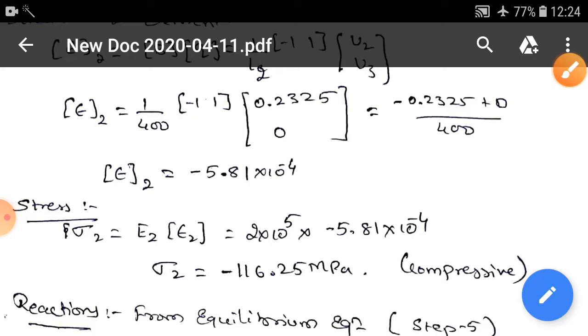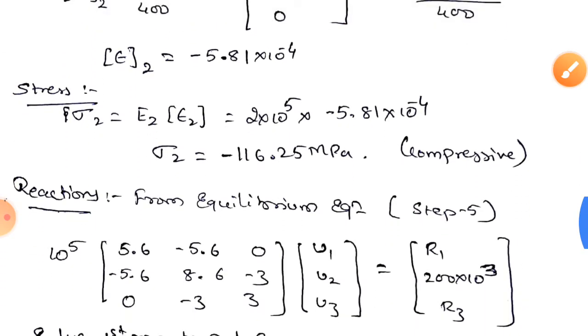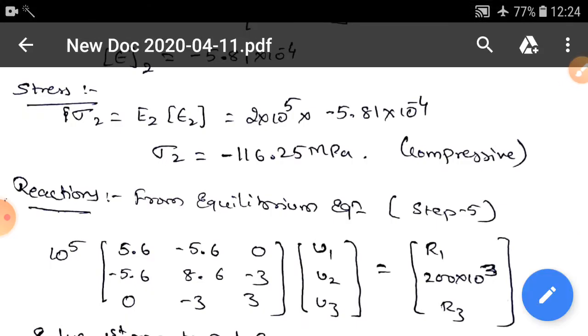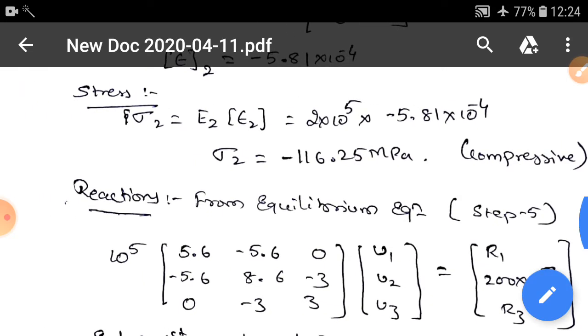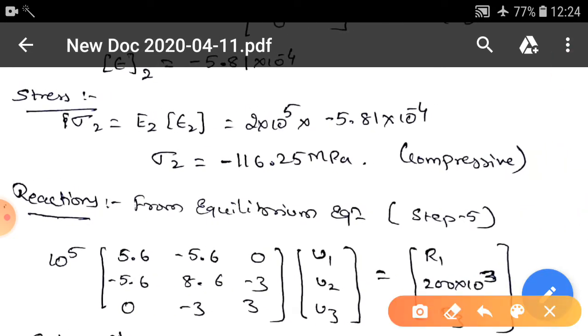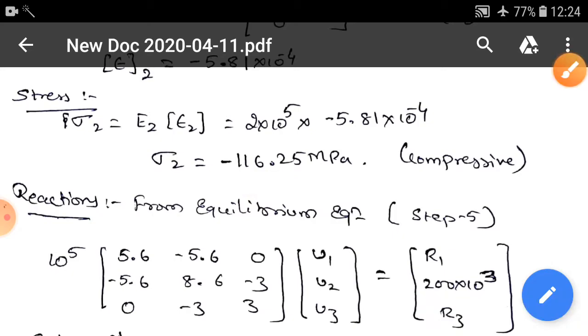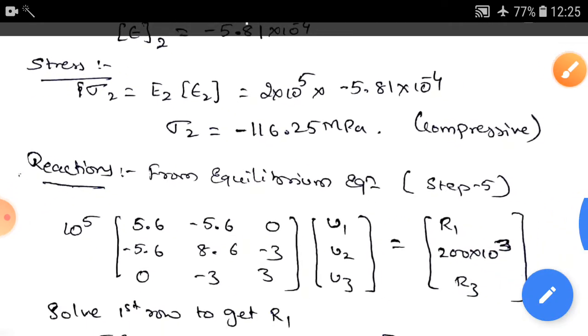Then the stress is equal to E into strain. E is 2 into 10 to 5 and strain is negative, so you will get a stress of minus 116.25. This minus 116.25 is compressive.